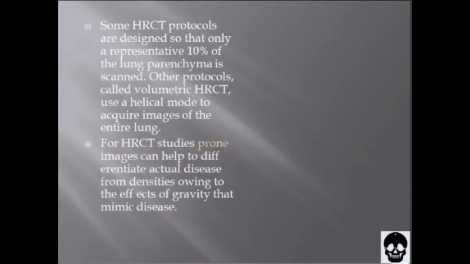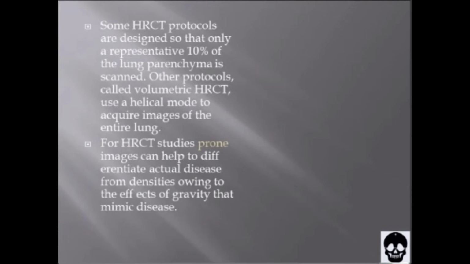Some high-resolution CT protocols are designed so that only a representative 10% of the lung parenchyma is scanned. Other protocols, called volumetric high-resolution CT, use a helical mode to acquire images of the entire lung.